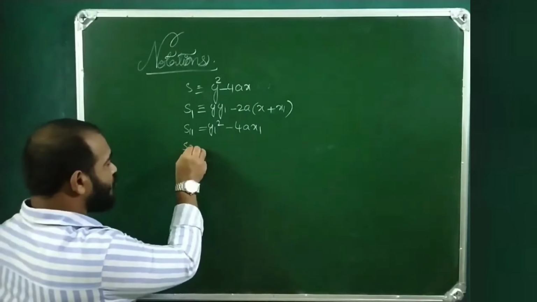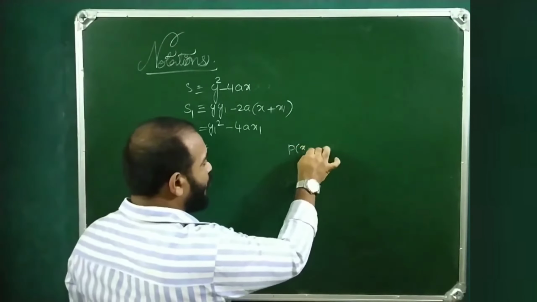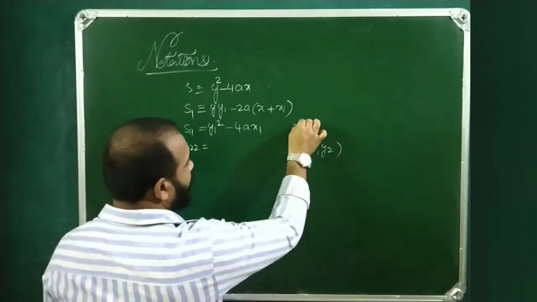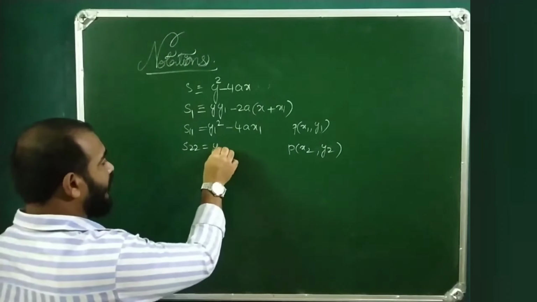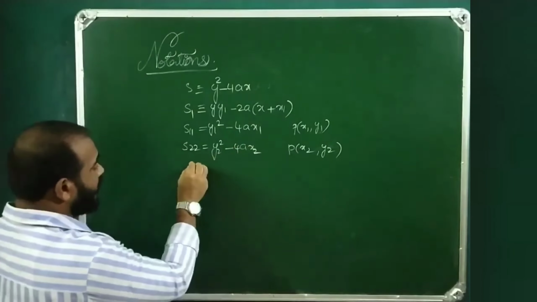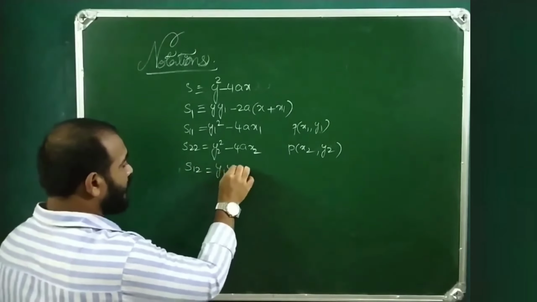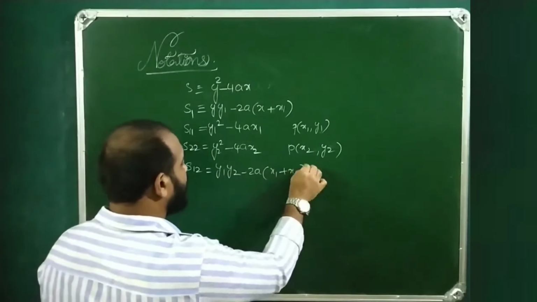Similarly, what is S22? Substituting the point (x2, y2) in the given parabola, this is obviously y2 square minus 4a x2. And what is S12? It is y1 y2 minus 2a into (x1 plus x2).